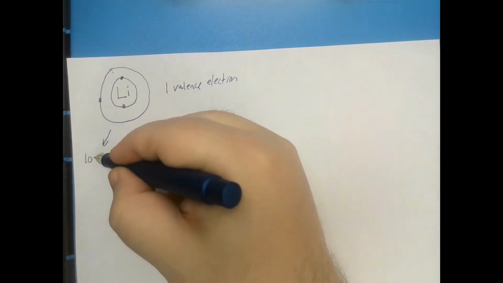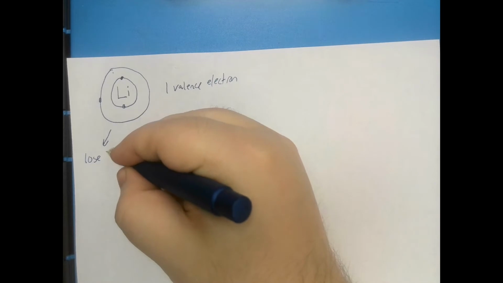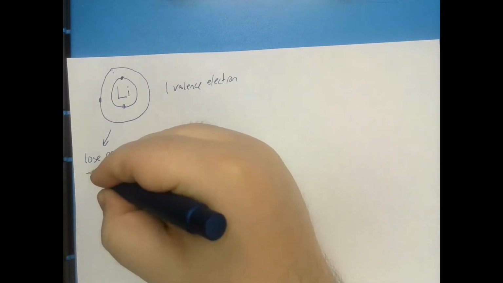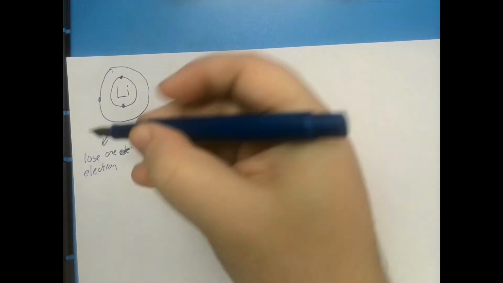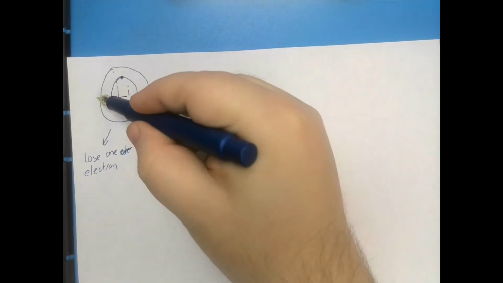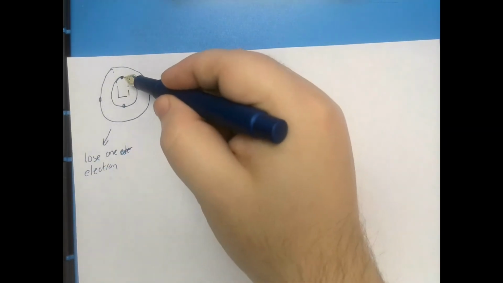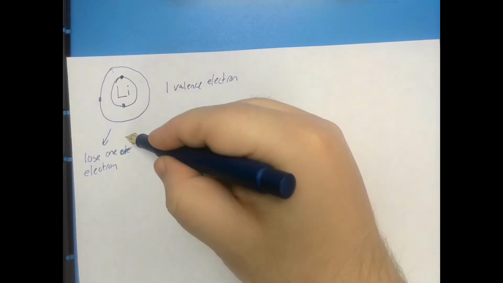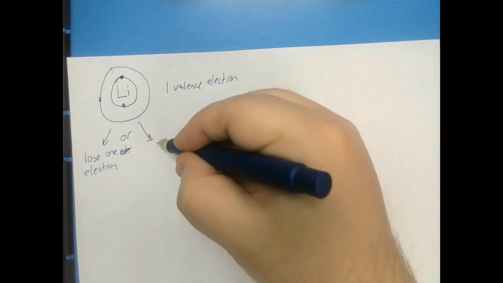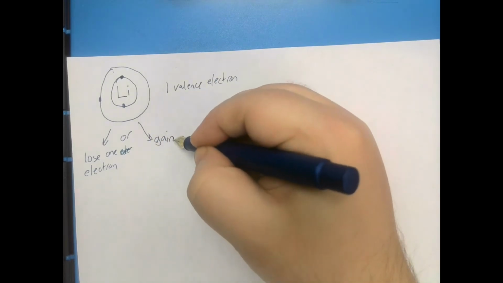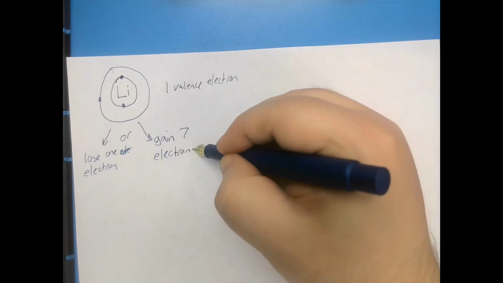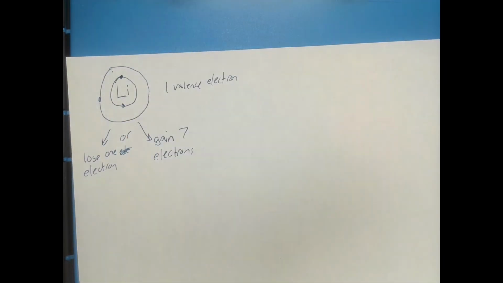It can lose 1 electron, and then it'll be left with the innermost shell full, if it gets rid of this electron. Or it can gain 7 electrons, filling up this shell.